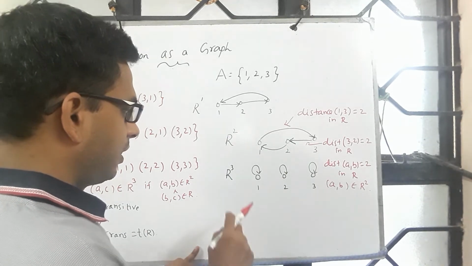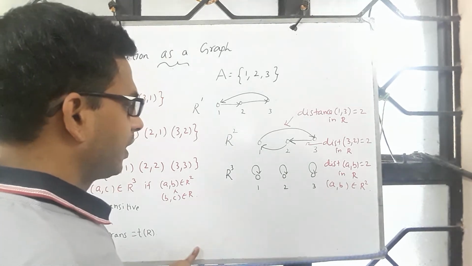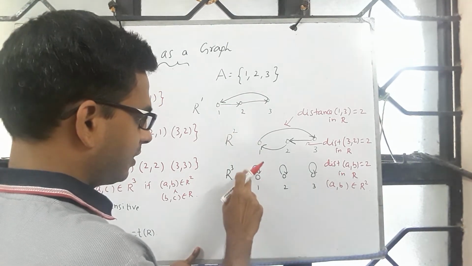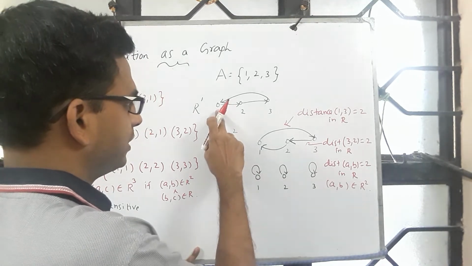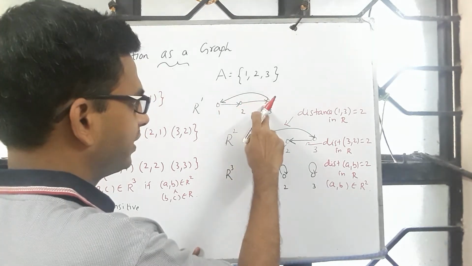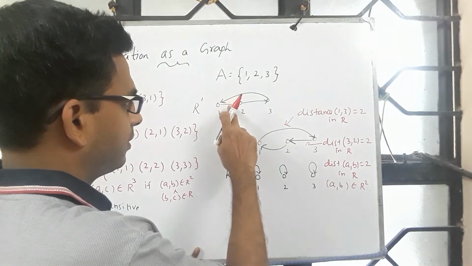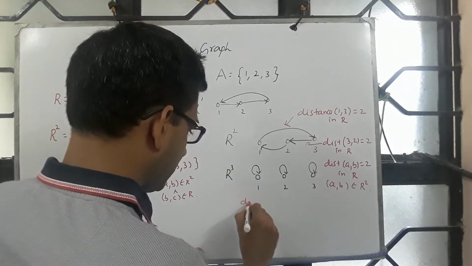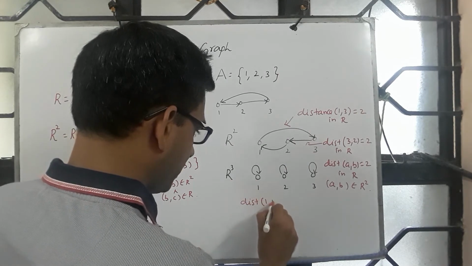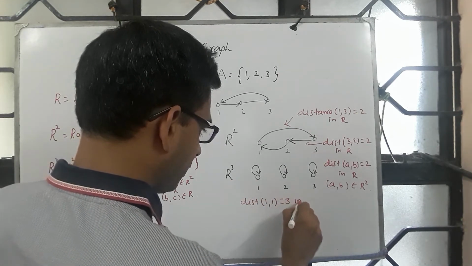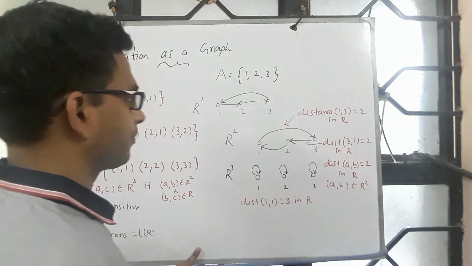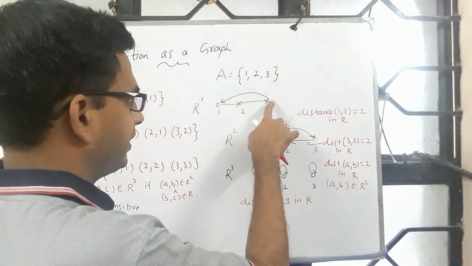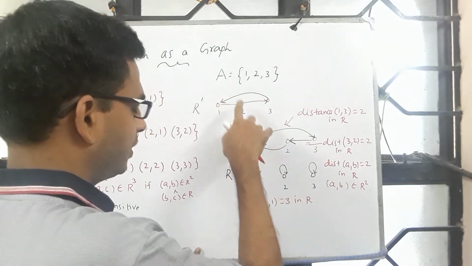Okay. Now look at R cube. If you look at R cube, now there is an arc from 1 to 1, which means 1, 2, 2, 3 and 3, 1. Edge number 1, edge number 2, edge number 3. Which means the distance between 1, 1 is 3 in R. And there is an arc from 2 to 2: 2 to 3, 3 to 1 and 1 to 2.